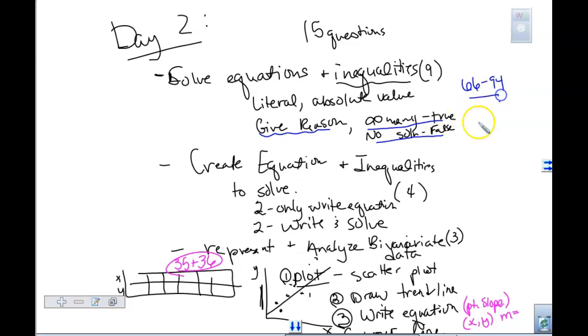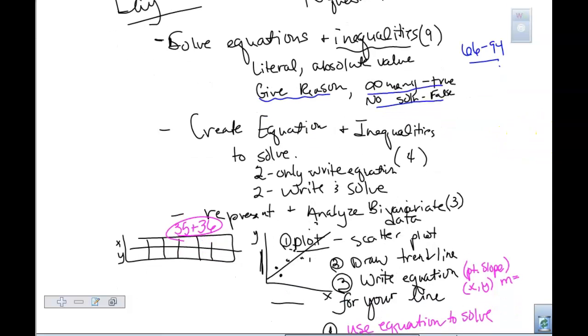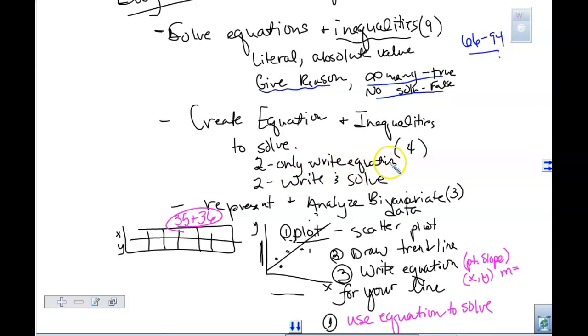Okay, on your review. Create an equation or inequality and solve. There's going to be 2 that you have to write and 2 that you have to write and solve. And again, these are not the super hard ones. These are the ones like when you were looking at, not systems, but when we did number 61 to 65, kind of.